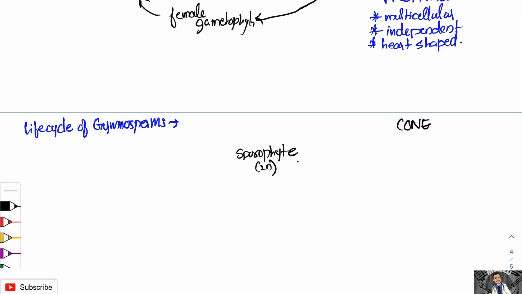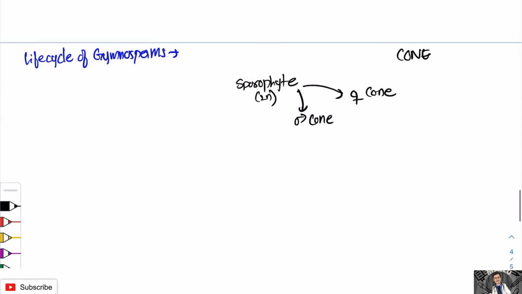So we have the male cone and the female cone. And within the male cone, we have aggregation of what? Microsporophyll. Are you getting this? Microsporophyll. And the female cone bears the megasporophyll.